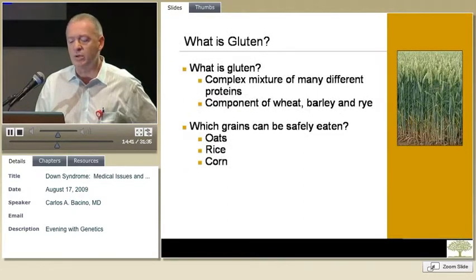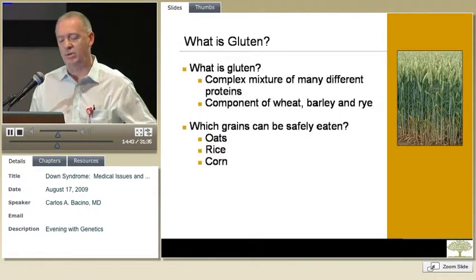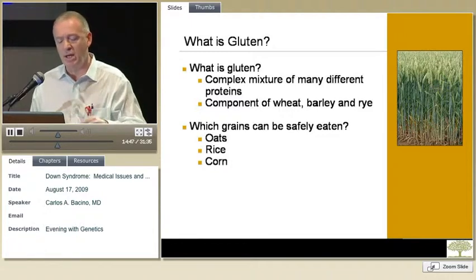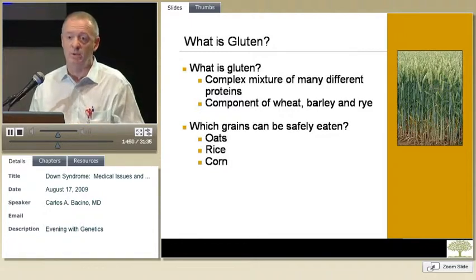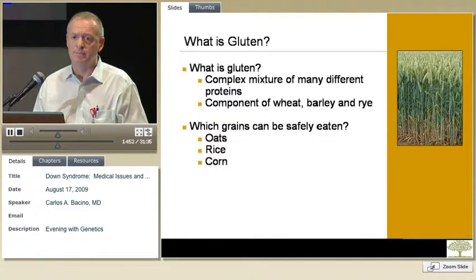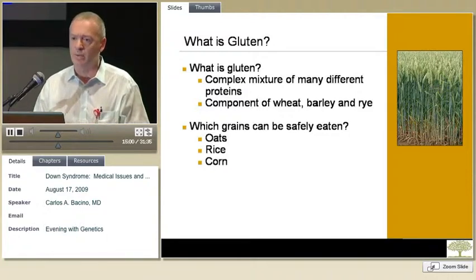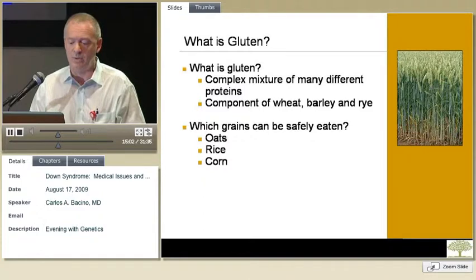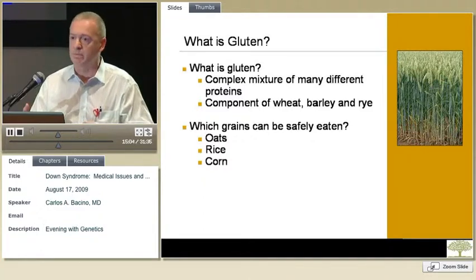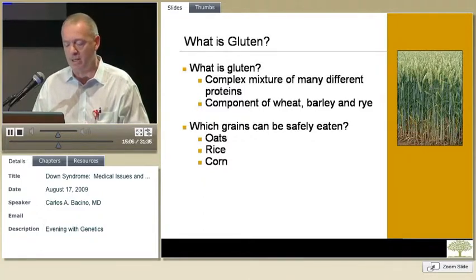So what is gluten? Well, gluten is a mixture of different proteins, and it's very commonly found in a number of foodstuffs. Many people that have celiac disease are constantly checking the packages in the grocery store, because gluten is very commonly found in a number of products you typically get at the supermarket.